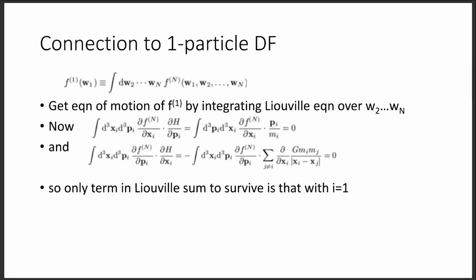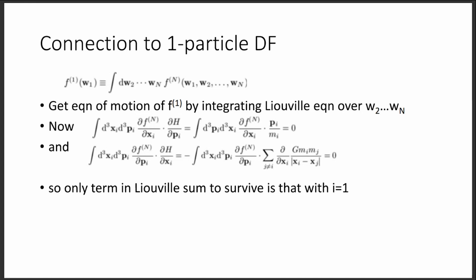So the question you obviously are asking yourself is, what's the connection between the n particle distribution and the one particle distribution function that I talked about apropos of the isothermal sphere? Well, the answer is that F1, that's what I was talking about before, depends on only one argument, because it's this thing marginalized over all the other locations.